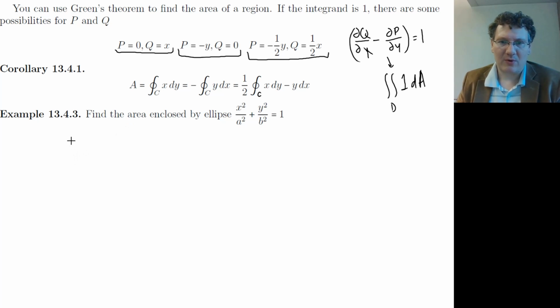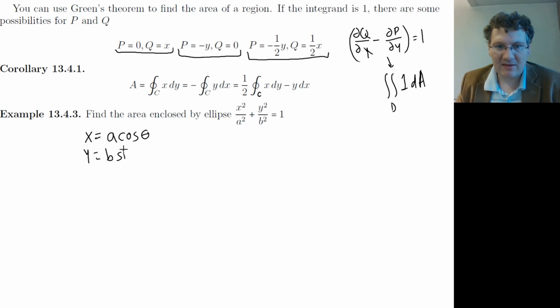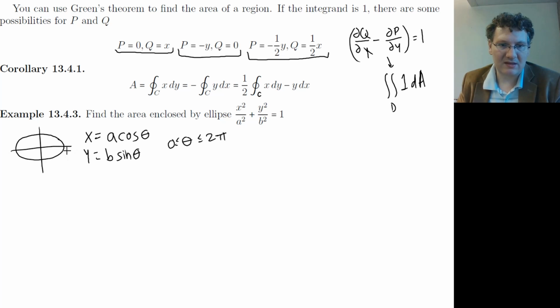We can write this ellipse by letting x be a cosine theta and y be b sine theta, and we can let theta go from 0 to 2 pi over this curve C. This is going to give us an ellipse crossing at a and negative a for x, b and negative b for y. I don't know, let's just pick the first one.